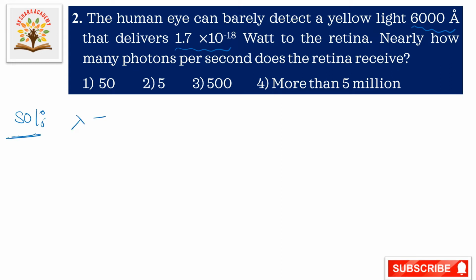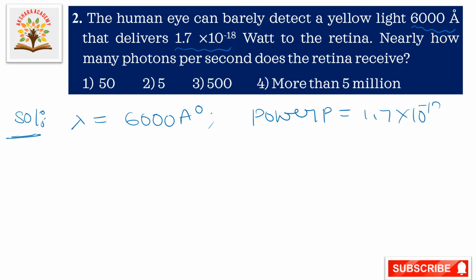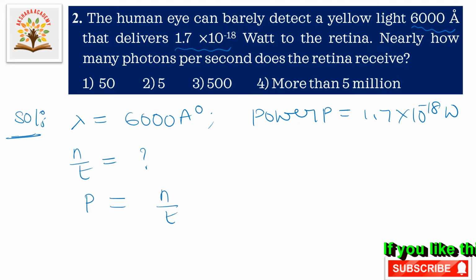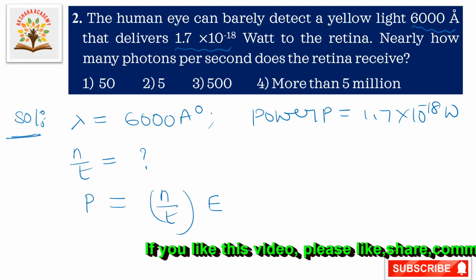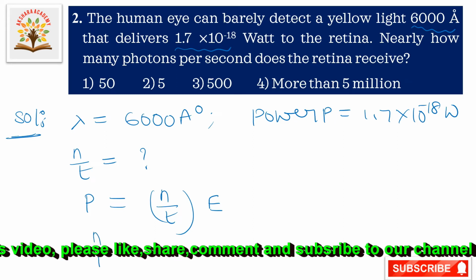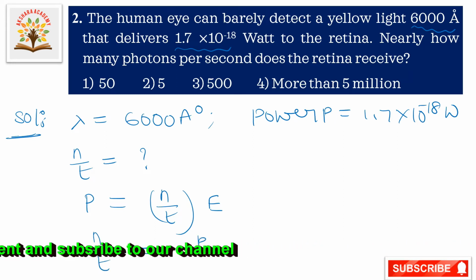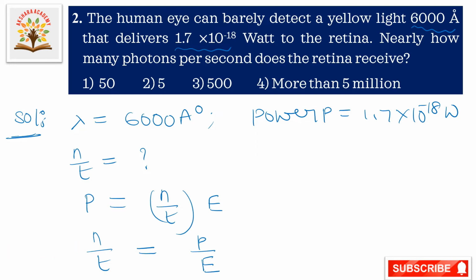Given lambda is equals to 6000 Armstrongs and power P is equals to 1.7 into 10 to the power of minus 18 watts. Number of photons per second N by T, we have to calculate. So P is equals to N by T into E, that is N by T is equals to P by E. Now we are substituting values.